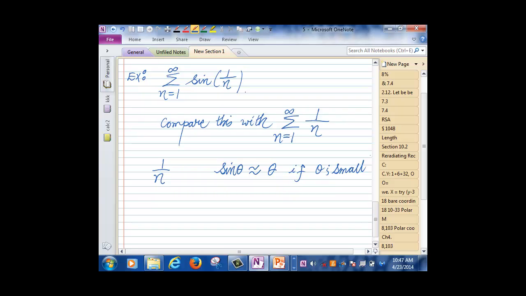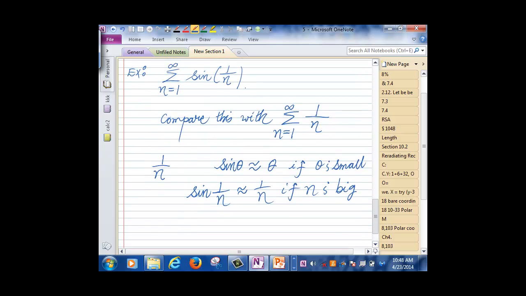So I know that when n is big, each term of my series is about the same as 1 over n, because when n is big, the angle 1 over n is small. So sine of 1 over n is about the same as 1 over n if n is big, and I can use this fact. So that's why I'm making this guess that my series is probably divergent.